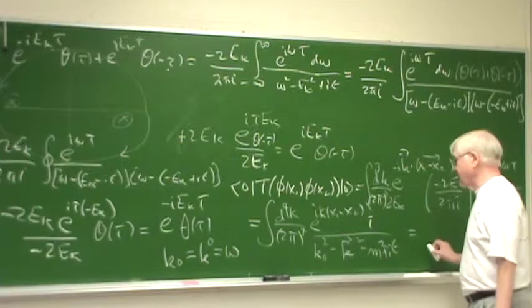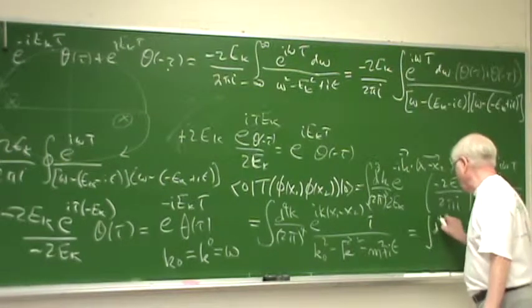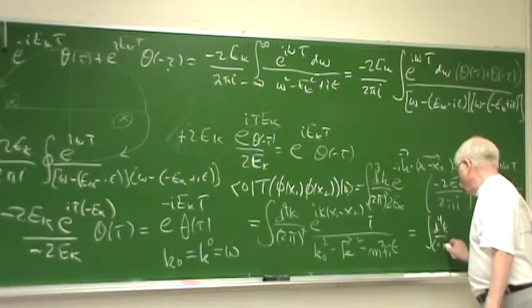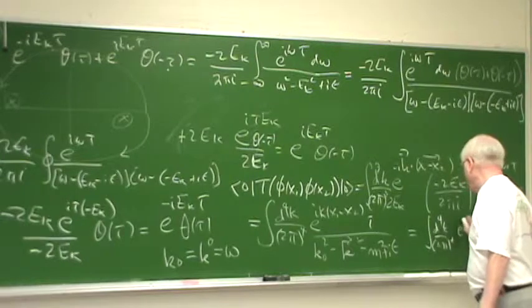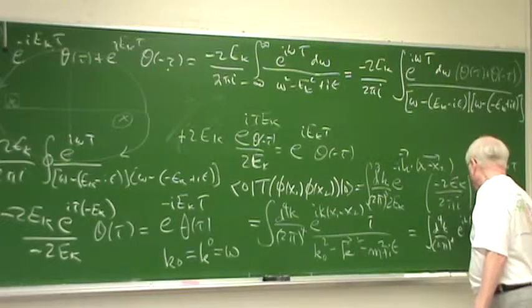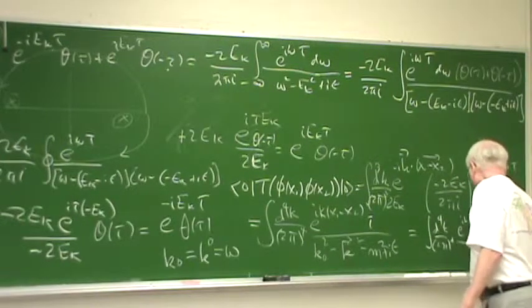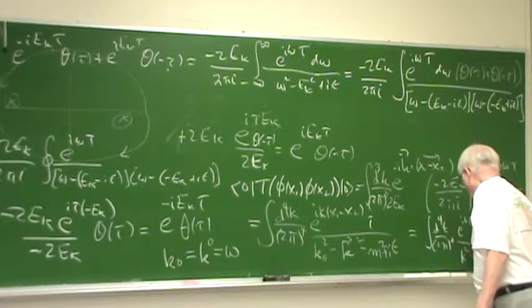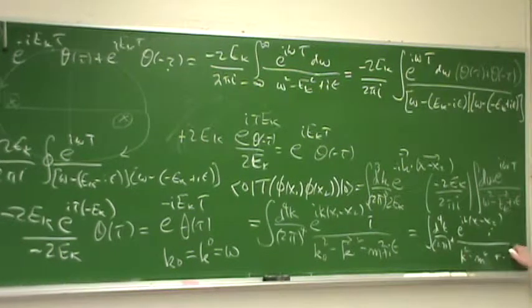And so this is our Feynman propagator: integral d fourth k over 2 pi to the 4, e to the i k (x1 minus x2), i over k squared minus m squared plus i epsilon. That's the Feynman propagator.